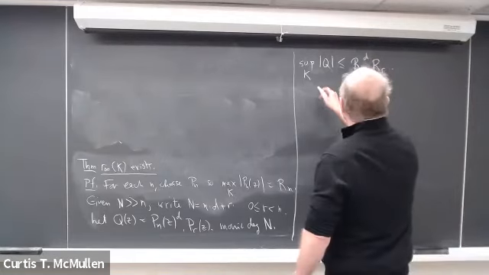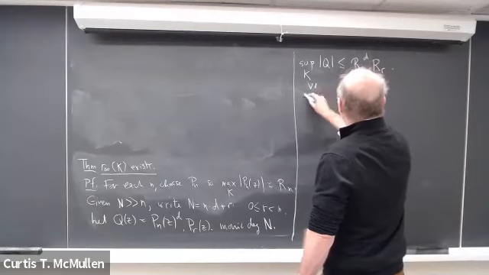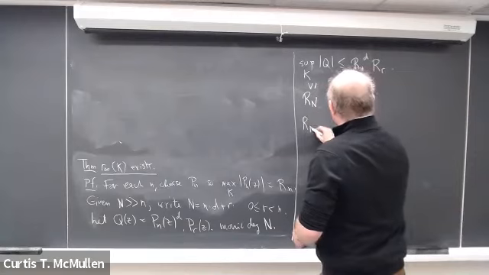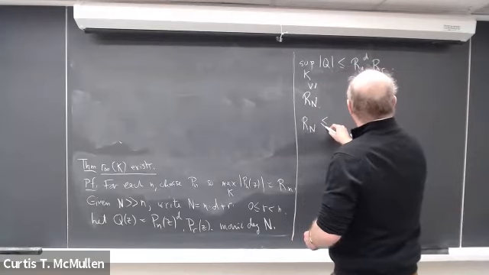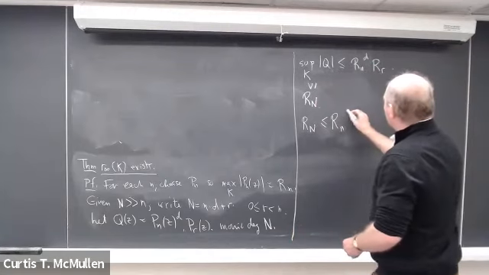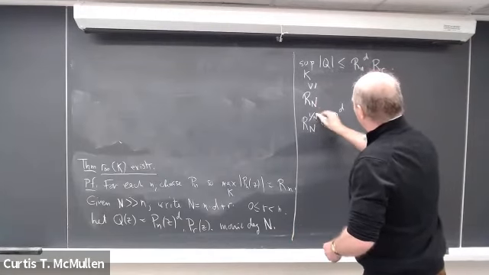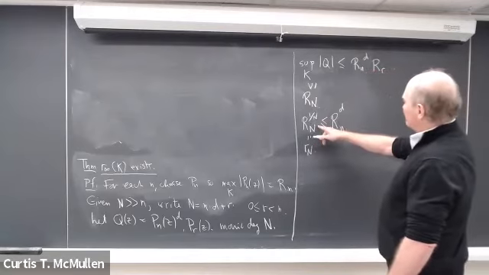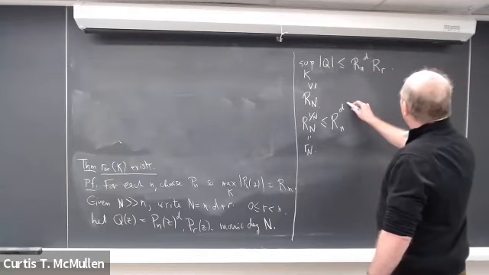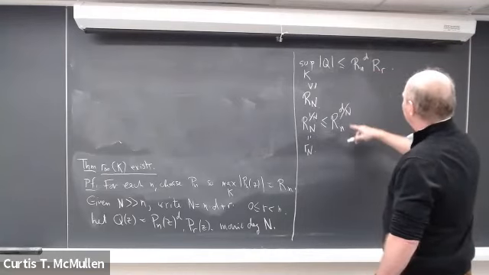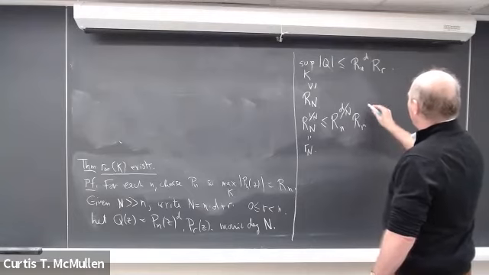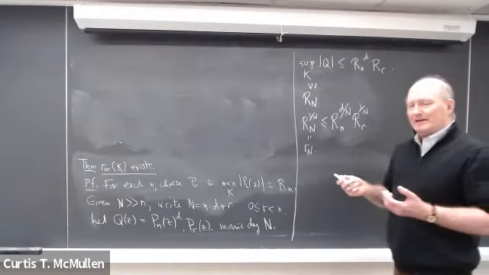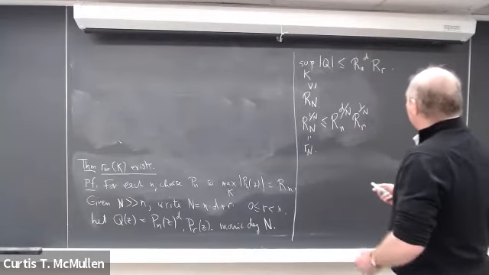And this on the other hand is an upper bound for our capital N. And so our capital R_N is less than or equal to this to the 1 over N. This is what our capital N looks like. We normalize by taking the 1 over Nth root. So this will be little rn to the nd over capital N times big R sub r to the 1 over N. And now we take the limit as capital N goes to infinity.